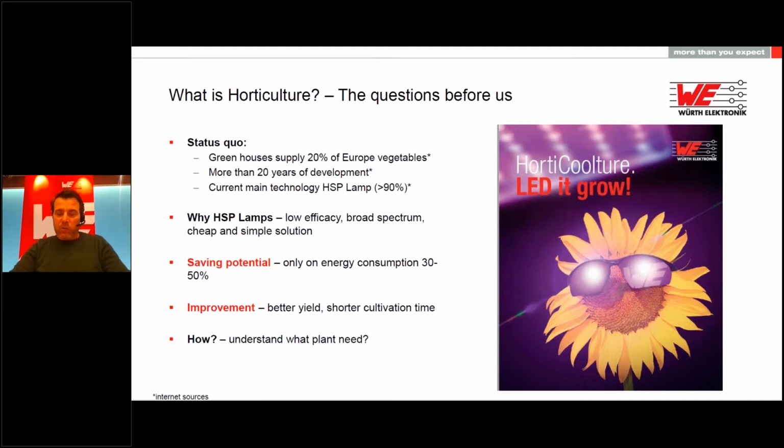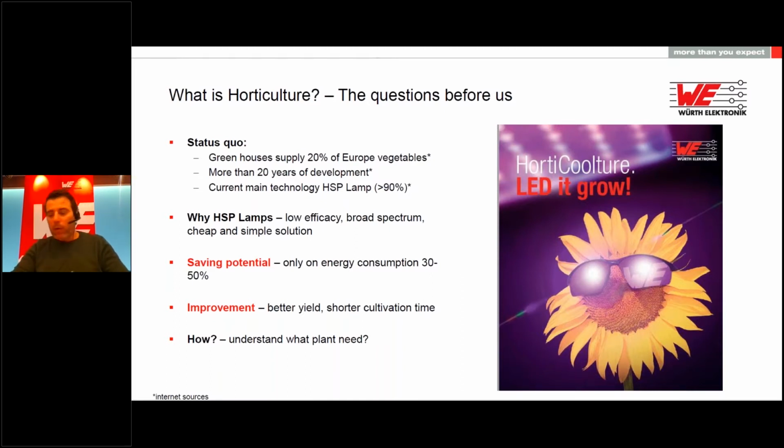The current main technology at the moment is the HPS lamp, high pressure sodium lamps, which take over 90% of the market. Please take these numbers with a grain of salt, because these are internet sources, and the numbers change a lot each year. It's a very dynamic market that grows a lot, and LEDs take more and more place in this market.